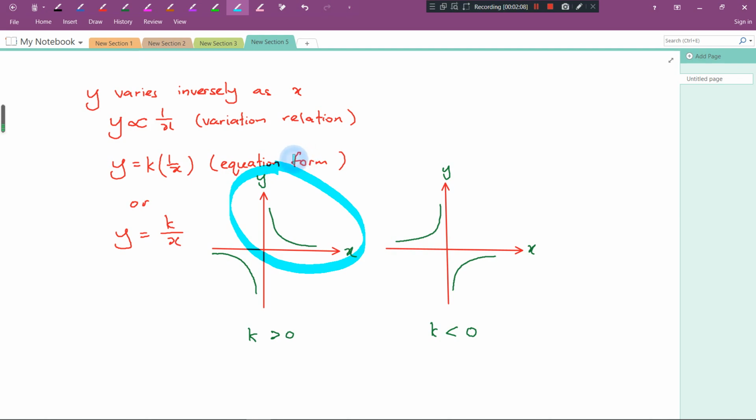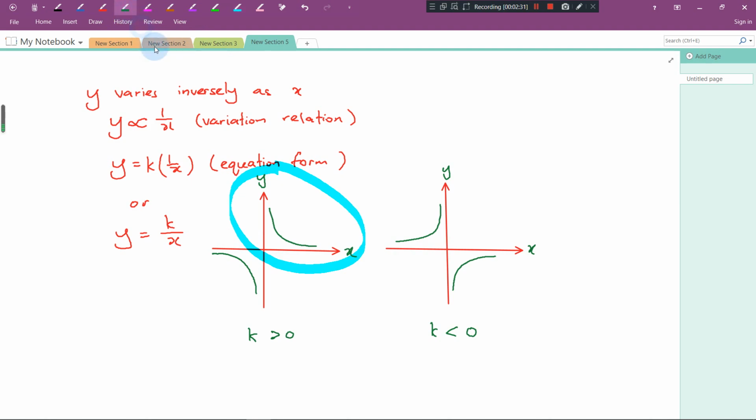The minimum they can go is just 0. That's why you only see this part of the graph. This graph will become closer and closer to the x-axis and y-axis, but it will never touch them. In this case, the y-axis and x-axis are the asymptotes of this function.